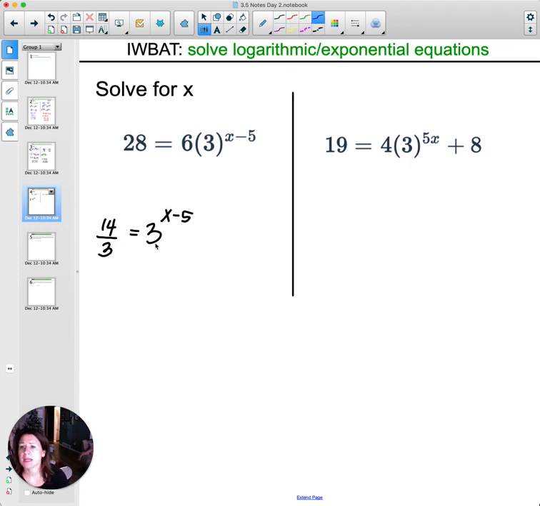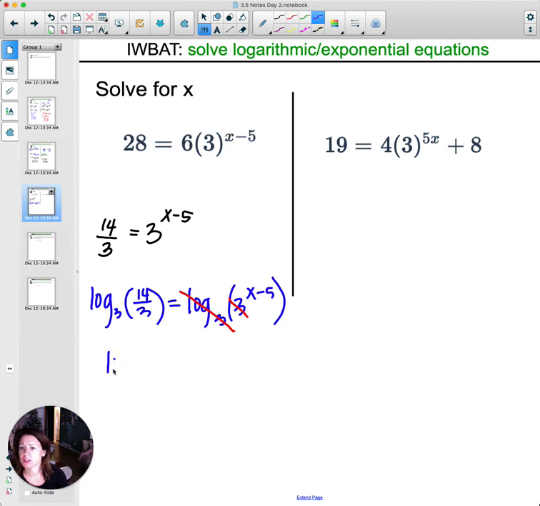Now to get rid of a base 3, we're going to do a log base 3 to both sides. So we're going to have log base 3 of the 14 over 3, and log base 3 of the 3 to the x minus 5. So I just did the log of both sides. The log base 3 and this base 3 will cancel.